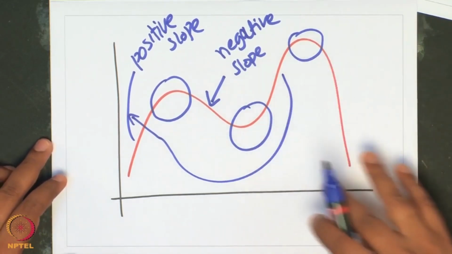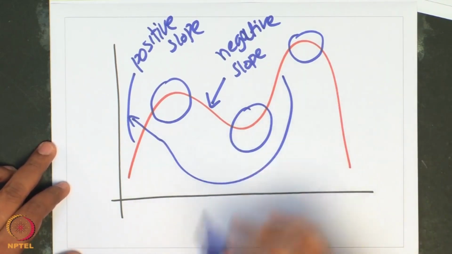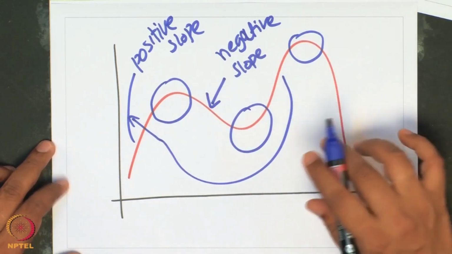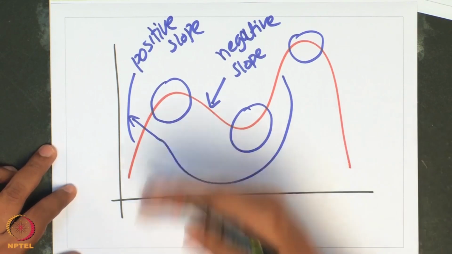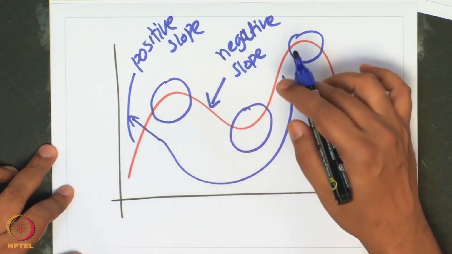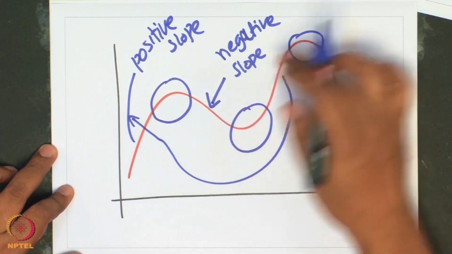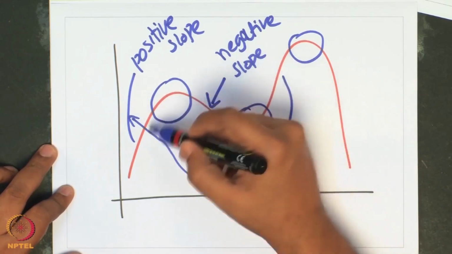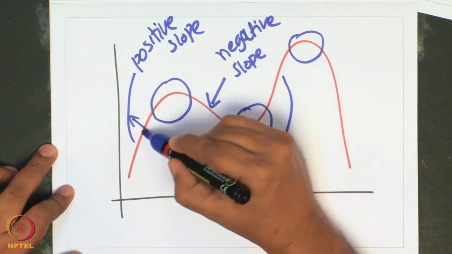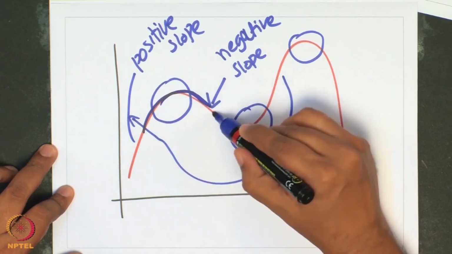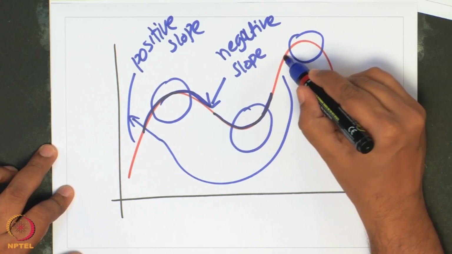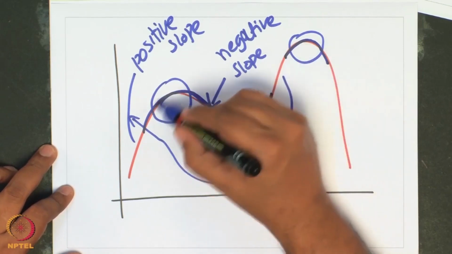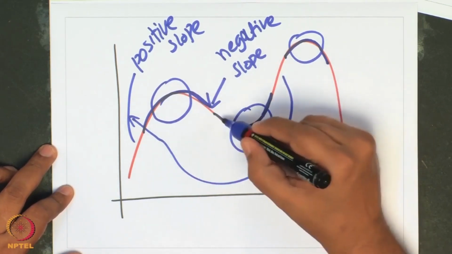But for simplicity, you can decompose any curve, imagining it as something like this. So if we understand which region has positive slope, which region has negative slope, which region has positive curvature or negative curvature. So this is like an inverted U, and this part is like a U. This part is like an inverted U if you wish, and this is almost like a U. So we just learned that one of these regions has a negative curvature while this has a positive curvature.